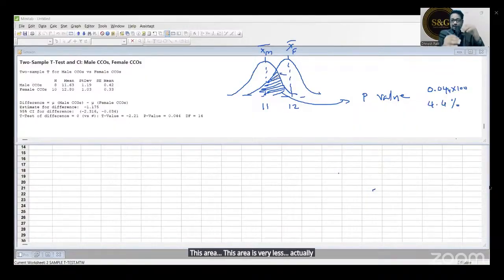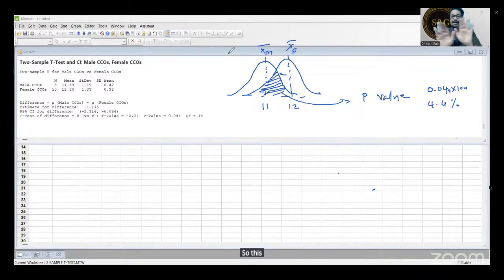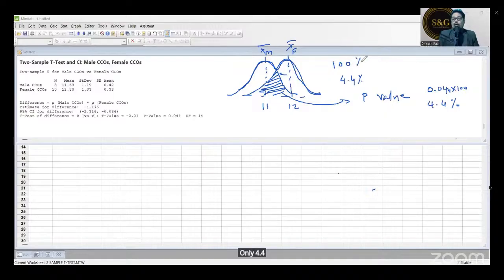Actually, this should have been a little wider. If the total area of this entire thing is 100%, only 4.4% is overlapping area. If this overlapping area is less than 5%, that means the distance between the two averages is significant.